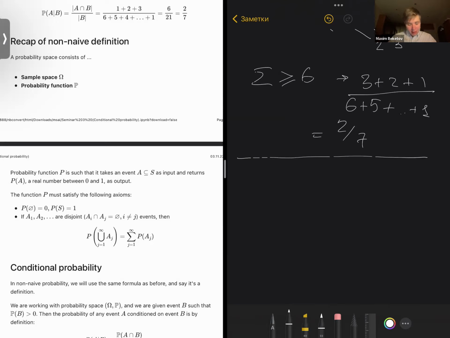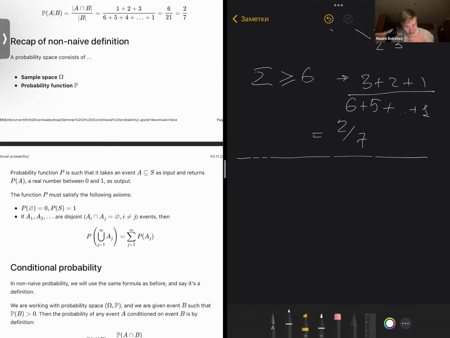Any event A is a subset of the sample space, and we assign probability to an event A.